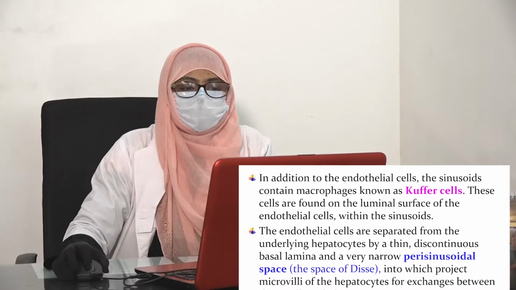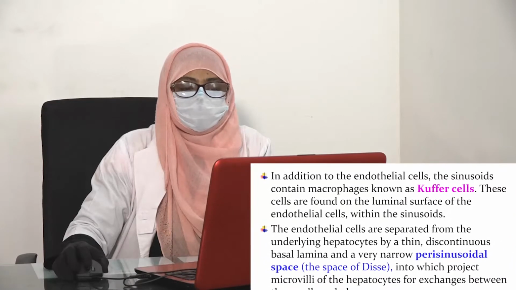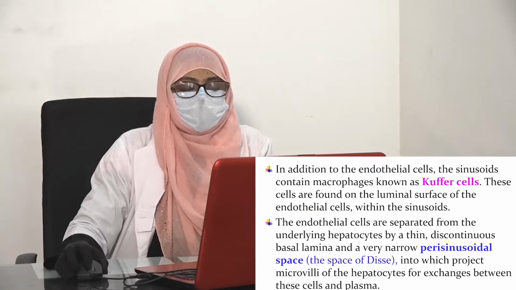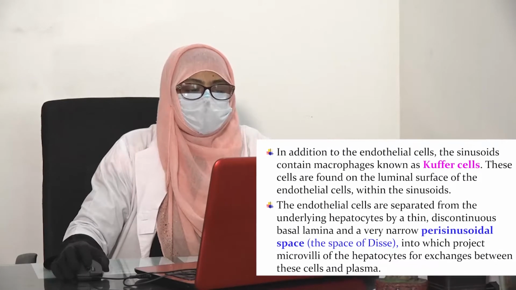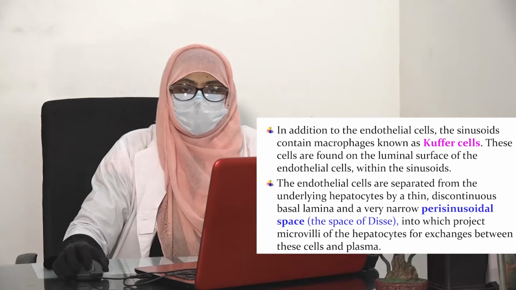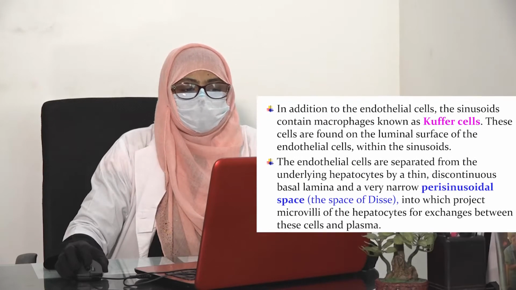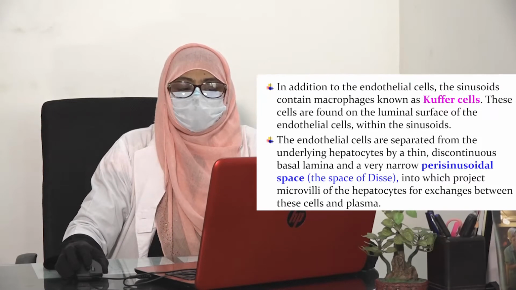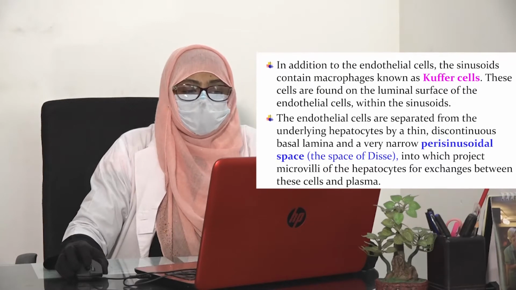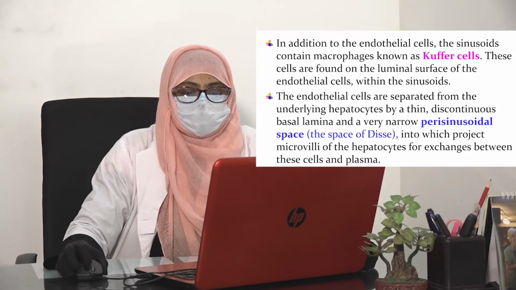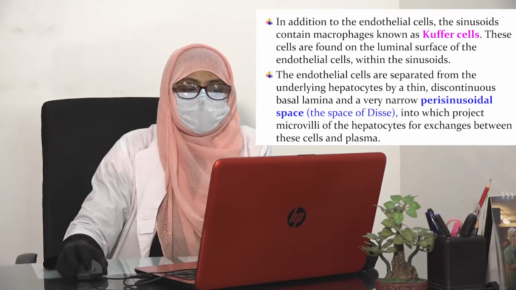These cells are found on the luminal surface of the endothelial cells within the sinusoids. The endothelial cells are separated from the underlying hepatocytes by a thin discontinuous basal lamina and a very narrow perisinusoidal space, into which project microvilli of the hepatocytes for exchange between these cells and plasma.